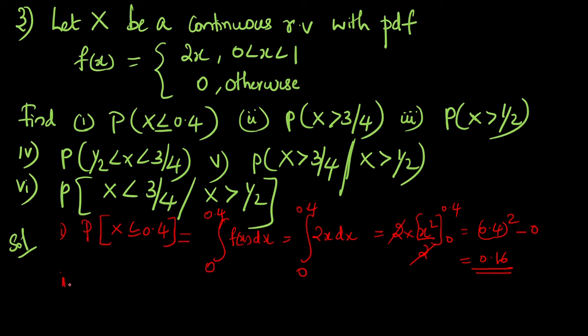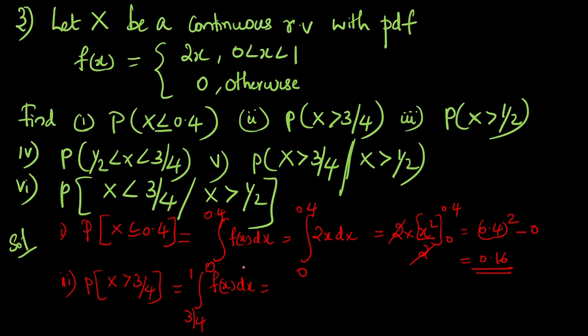Second part is p of x greater than 3 by 4. Since x is greater than 3 by 4, the limits can be changed to 3 by 4 to 1 as x varies between 0 and 1. Integral 3 by 4 to 1 f of x dx.